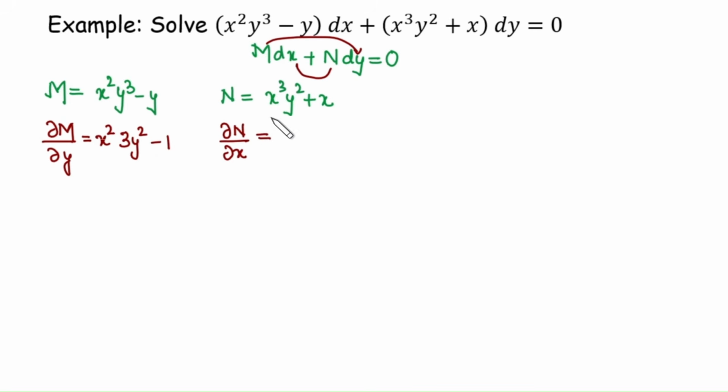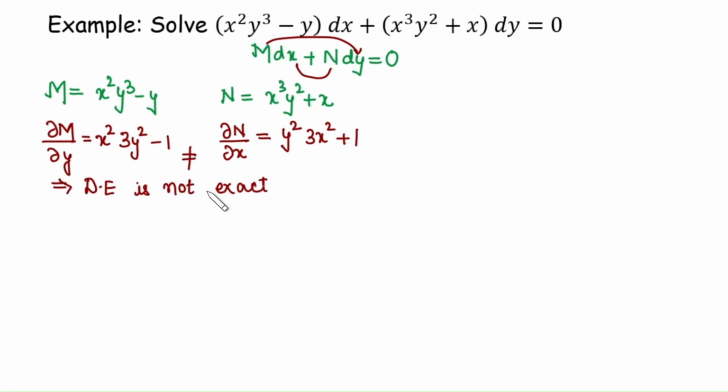In this case, the derivative with respect to x, keeping y as a constant, so y² is as it is. The derivative of this term is 3x² + 1. As the partial derivative of M with respect to y is not equal to the partial derivative of N with respect to x, we can say that the differential equation is not exact.